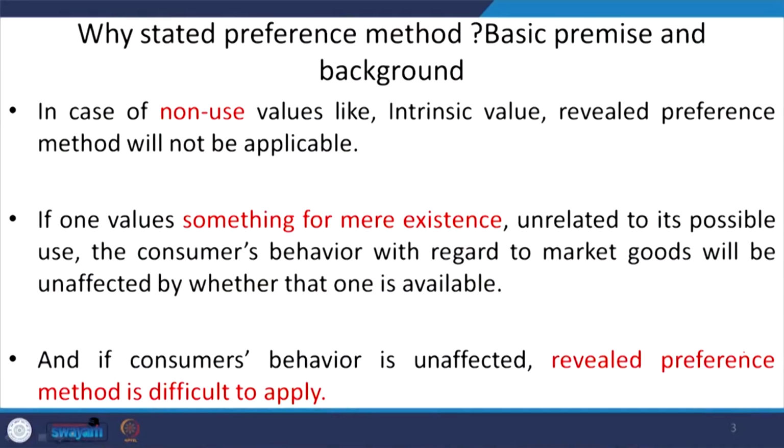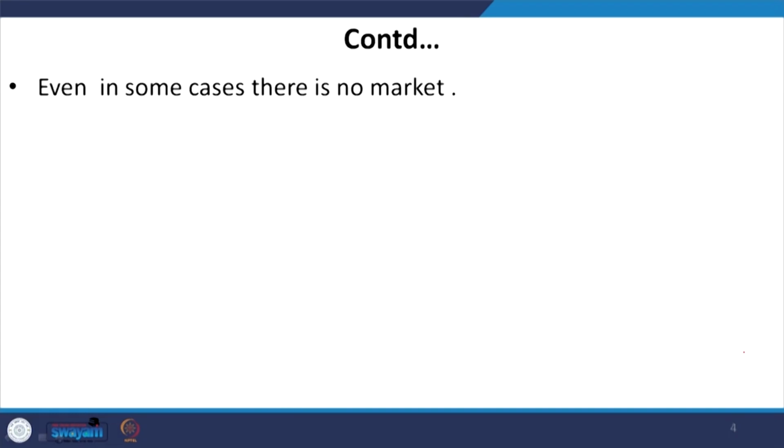If the consumer's behaviors are not affected, then the revealed preference method is difficult to apply, or it is not reliable to be applied. Because of this reason, the revealed preference methods cannot be applicable for estimating the non-use values.